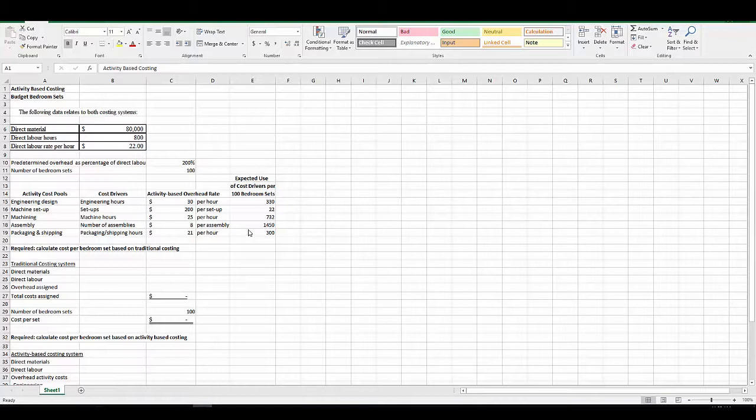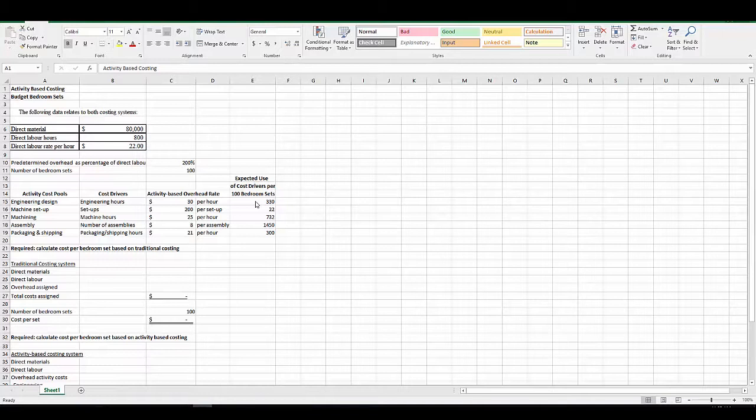So the final column over here is giving you the estimate of how much of each cost pool you're expected to use in order to completely manufacture 100 bedroom sets.